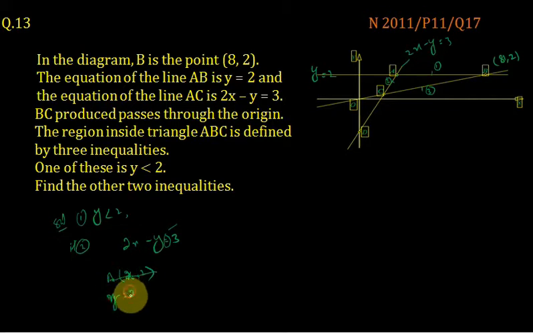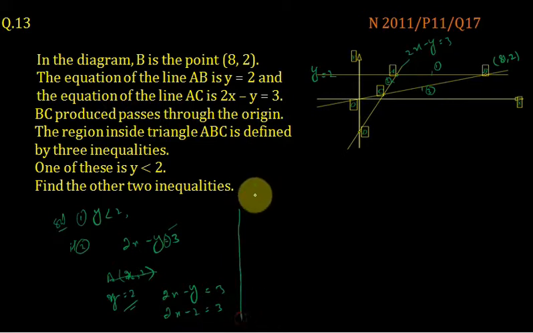So, putting y is equal to 2 in 2x minus y is equal to 3, 2x minus 2 is equal to 3, or 2x is equal to 3 plus 2, which is 5, so x is equal to 5 upon 2. 5 divided by 2 means 2.5.